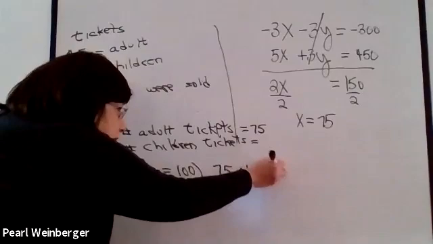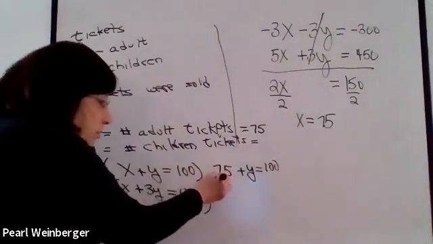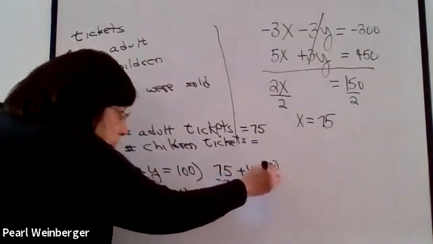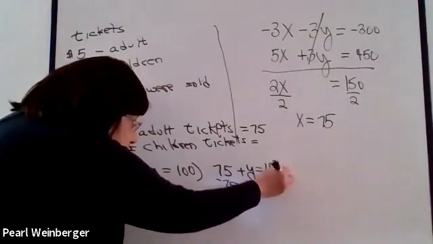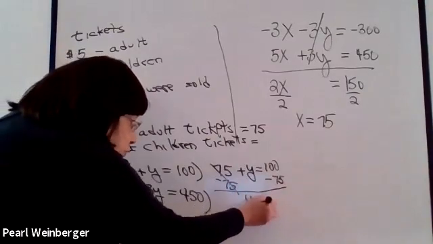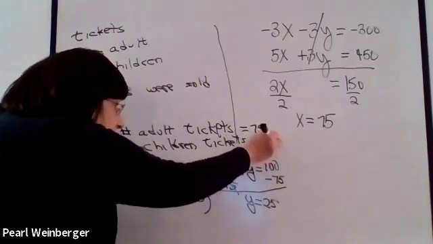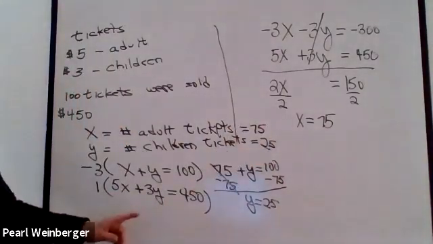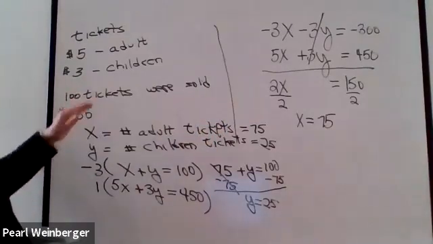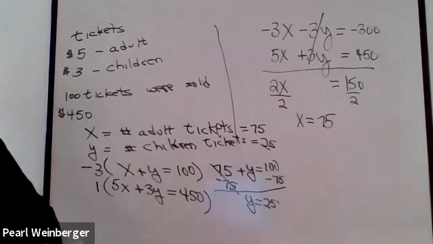I always go to the original equation rather than the other one, because it's always simpler. Subtract the 75 and we get y equals 25, which tells me in this particular problem, 75 adult tickets were sold and 25 children's tickets were sold.